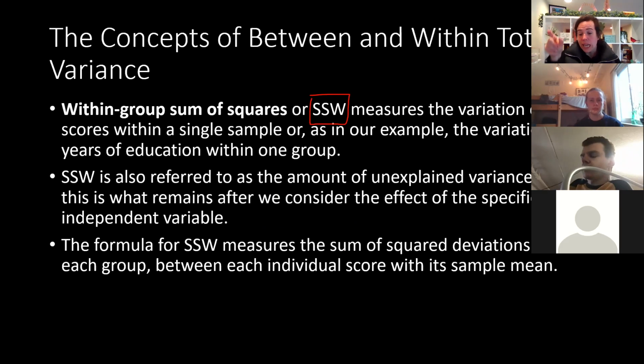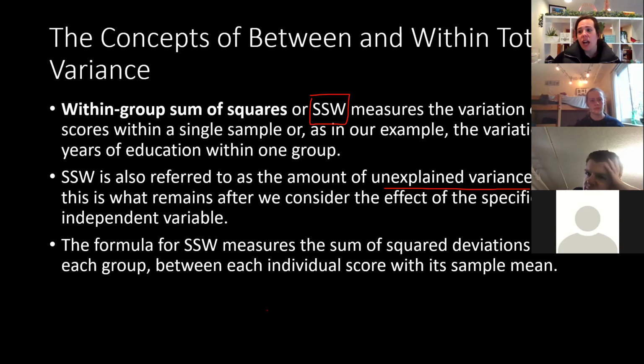So amongst the Asian sample, what is the variation looking like? I'm not looking across all of them between my groups. I'm now looking just within each group, how much variation is there? SSW is also referred to as the amount of unexplained variance, and this is what remains after we consider the effect of the specified independent variable.